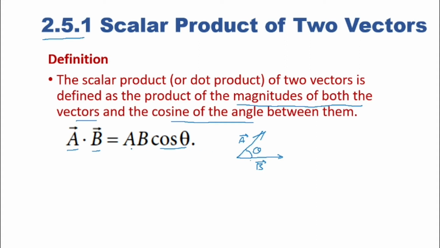The product of magnitude means A magnitude multiplied with B magnitude, and the cosine of the angle between A vector and B vector.